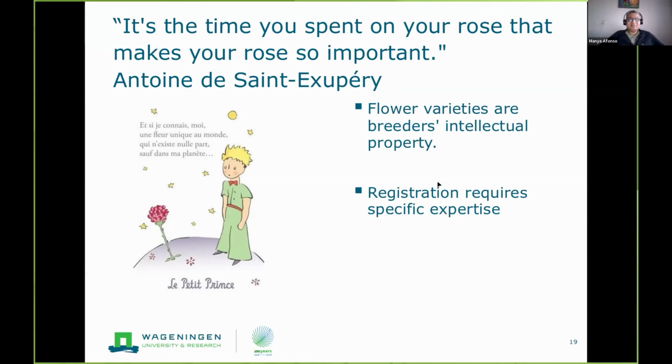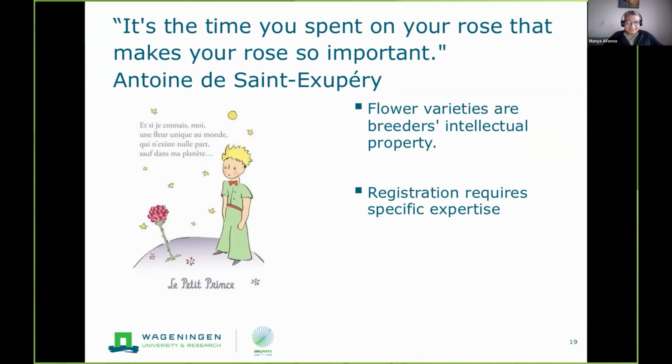But this is a line that describes clearly why a flower is important to the breeders or to the people who develop this variety. It's because a lot of effort goes into creating a flower variety that the intellectual property of the breeder, or the one that's developed this variety, needs to be protected.